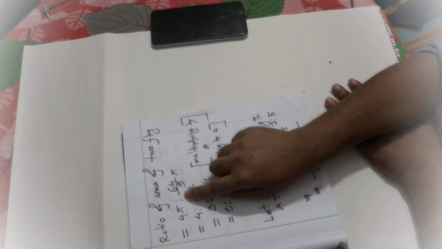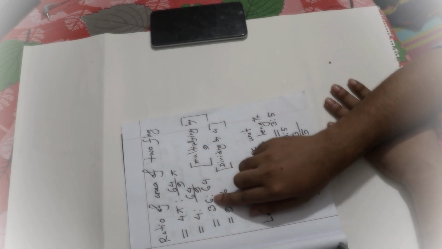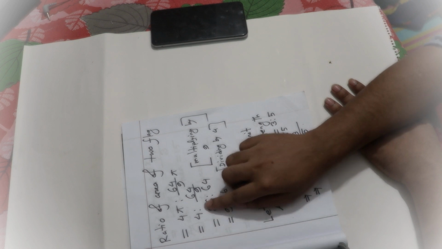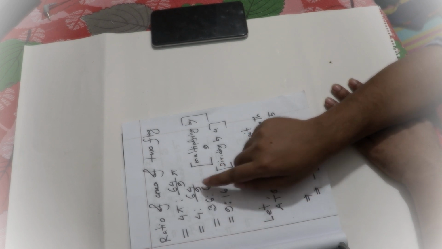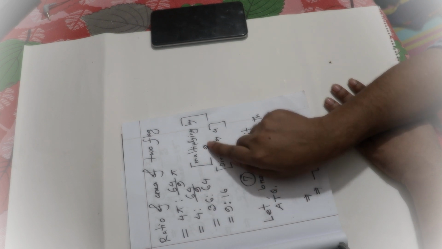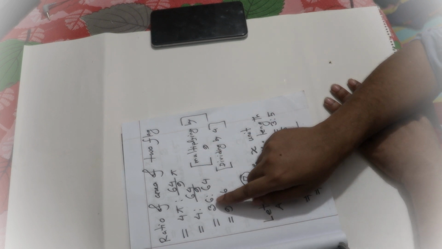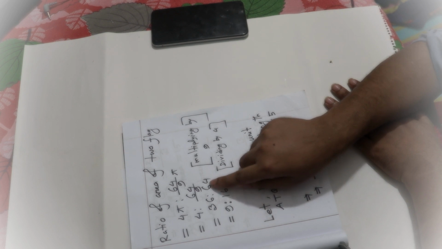The ratio of the area of the two flags, that means 4 pi ratio 64 by 9 pi. Okay, pi cancels out. 4 ratio 64 by 9. Multiplying the ratio by 9, I get 36 ratio 64.